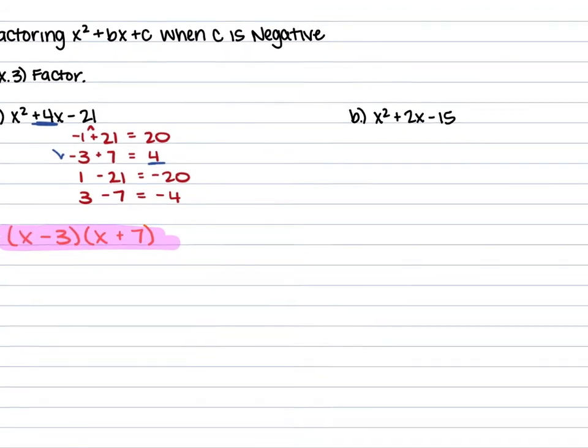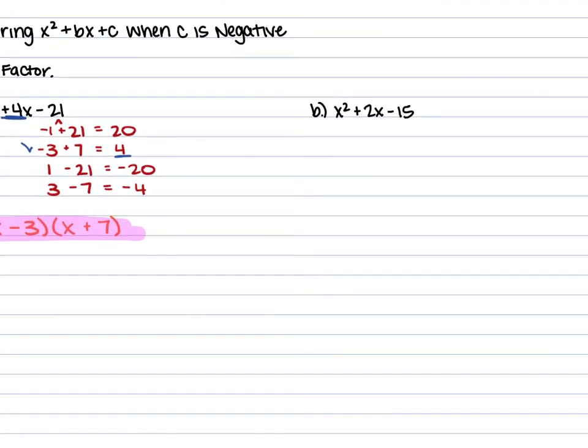For example B, we have x squared plus 2x minus 15. So negative 15, we find the factors of. We have a negative 1 and a positive 15. We have a positive 1 and a negative 15. We have a negative 3 and a positive 5. We also have a positive 3 and a negative 5.